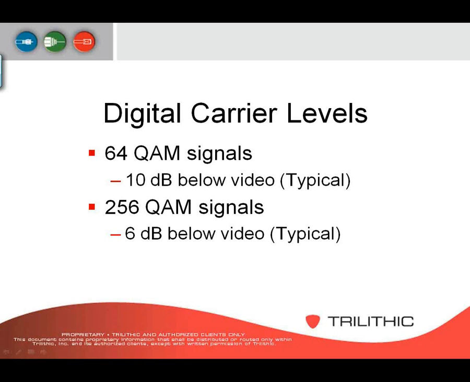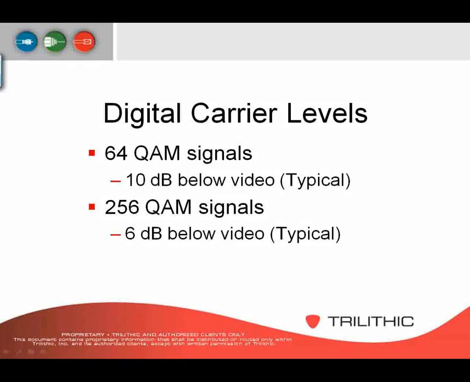Now, digital signals work well until very close to the point of failure. This makes measurement of digital carriers critical to determine the system margin. Signal level, MER, and BER are the vital measurements when you're checking digital signals.